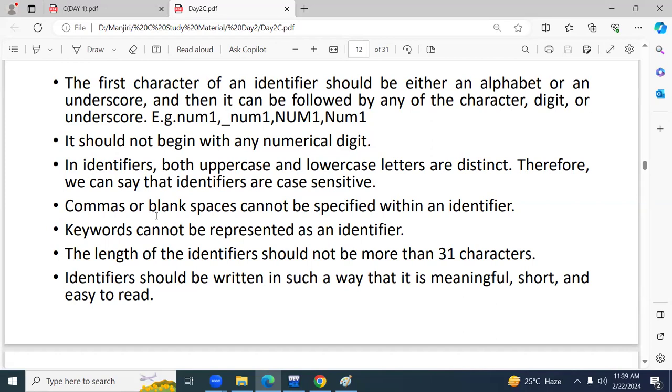At that time you will be confused about why it happened in the first program and not in the second. To avoid that kind of ambiguity or conflict, don't use keywords, because in some program you use it for the specific purpose and in another as a variable, and sometimes the compiler is not able to identify both. So try to avoid keywords as identifiers. Is it clear to all of you? So these are the rules about the identifier.